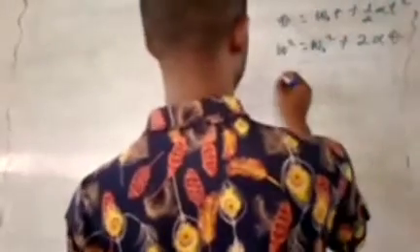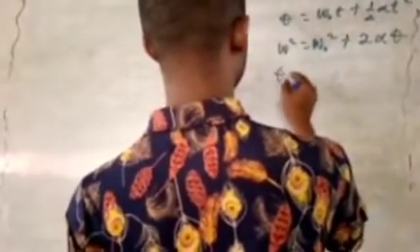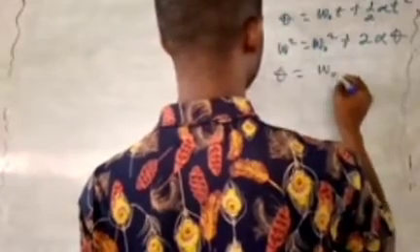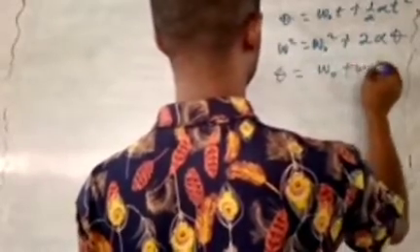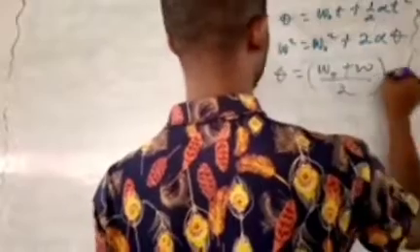Then the last one is the distance covered, theta equals W naught plus W over 2 times t.